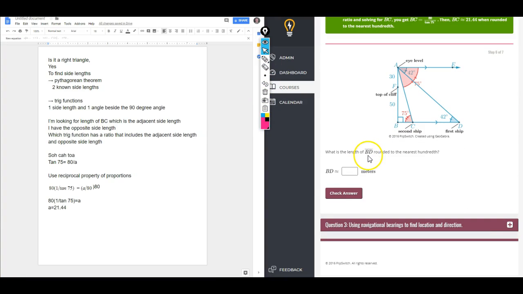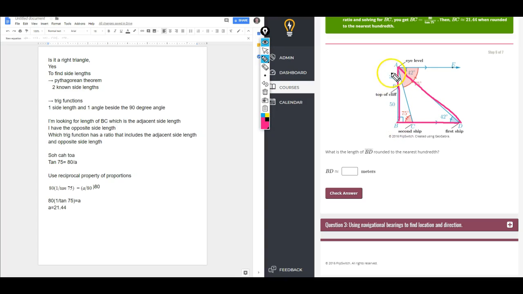So what is the length of BD rounded to the nearest hundredth? So BD is this total length right here. So we are going to use another similar technique. This time we are looking at triangle ACDB. And notice that we do again have a right triangle.